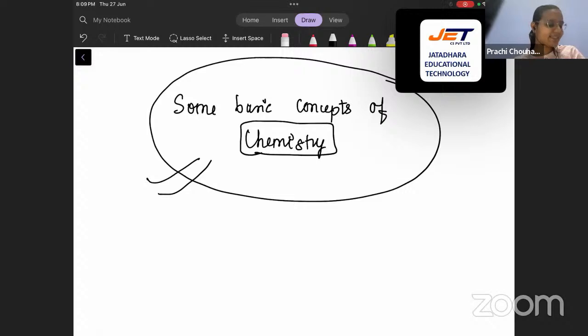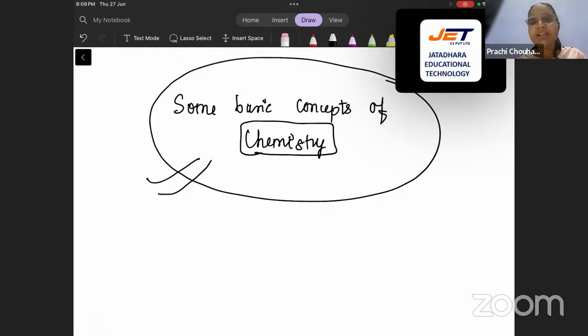So now it's very important how exactly we are going to learn this subject. If we look at chemistry, there are different branches of chemistry. But here we will just categorize the subject in a way that is useful for us.